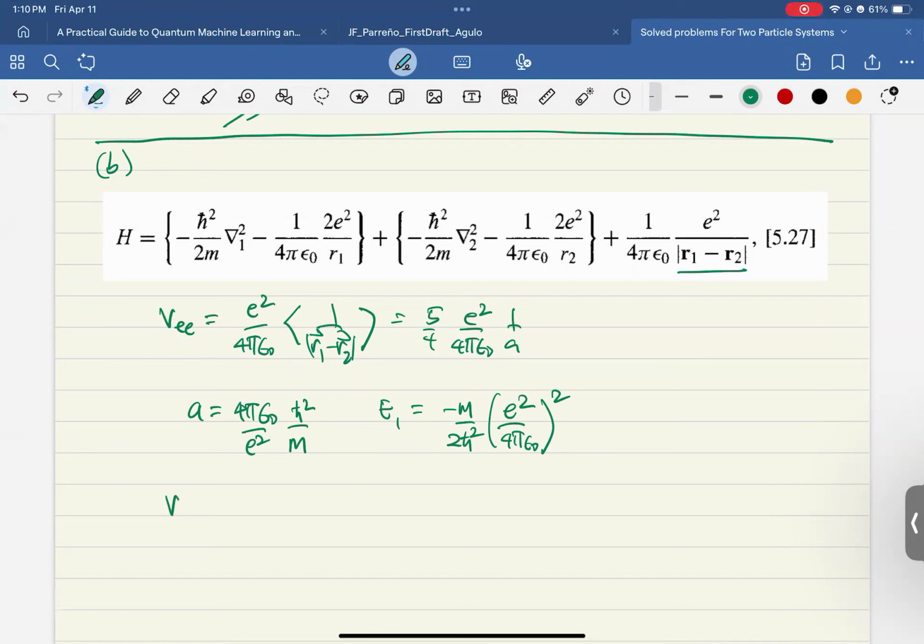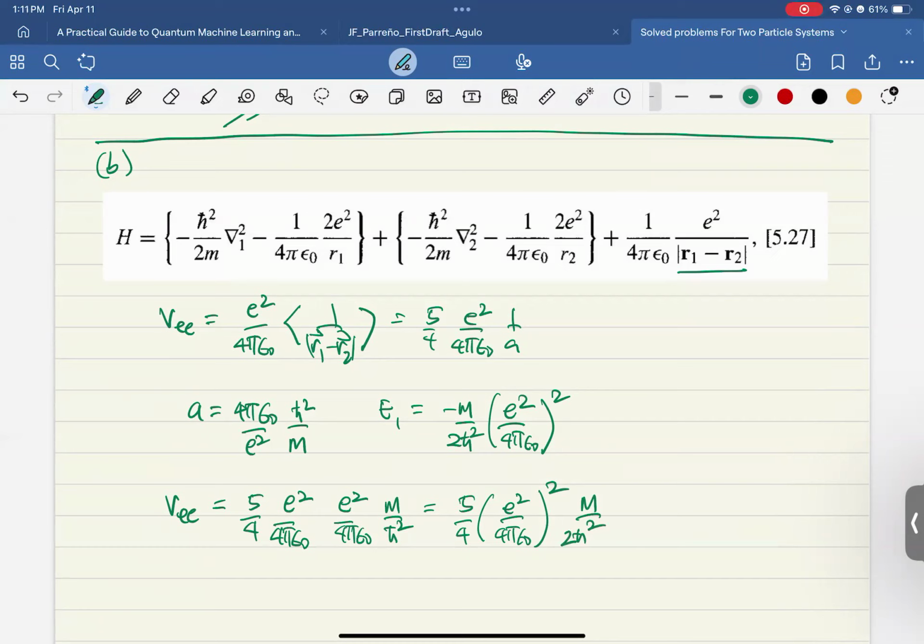So yung VEE ngayon is 5/4 e²/4 pi epsilon naught times 1/a. So we have e²/4 pi epsilon naught m over ħ². So this is equal to 5/4 times e²/4 pi epsilon naught squared tapos m over ħ².